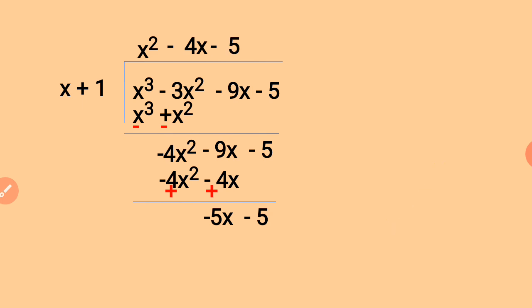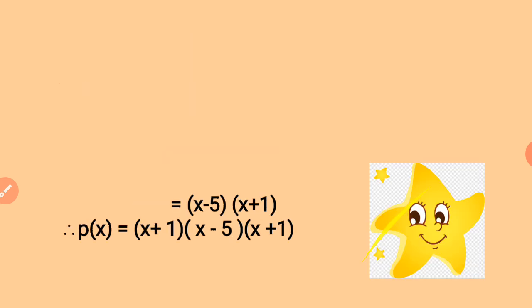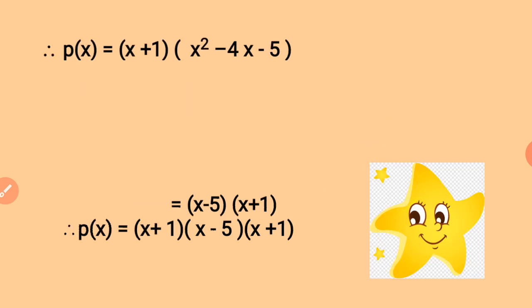Finally, you multiply by minus 5. And when you solve it, you will get the remainder as 0, because x plus 1 is already a factor. In that case, we can say that this p of x can be written as the multiple of divisor and quotient. This is what it is written as.